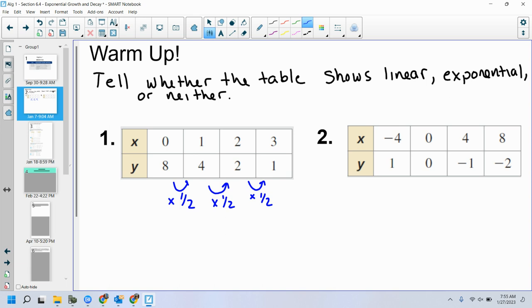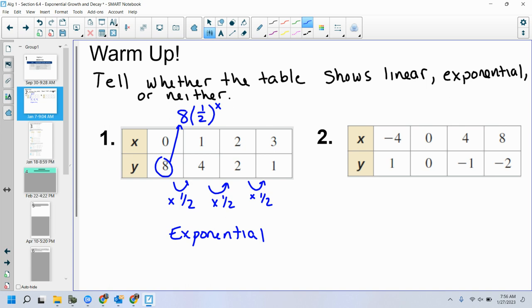Yes, this is exponential. If we wanted to write out the equation, you would put starting value times 1/2 to the x, and there's our exponential function.